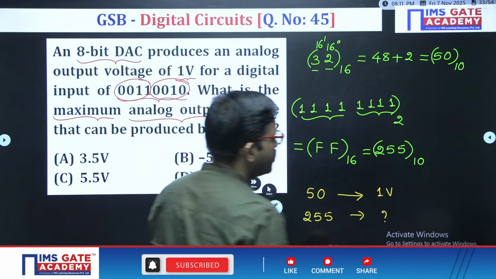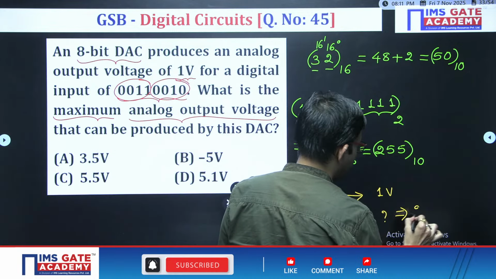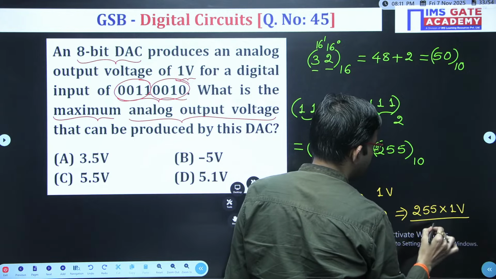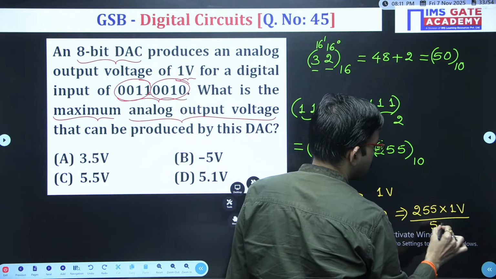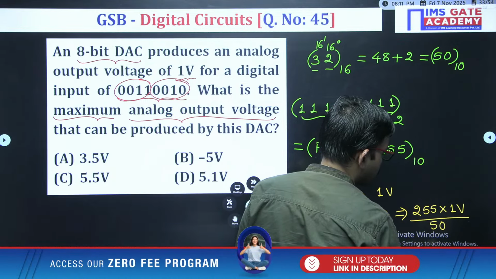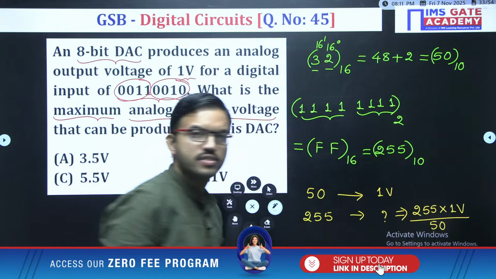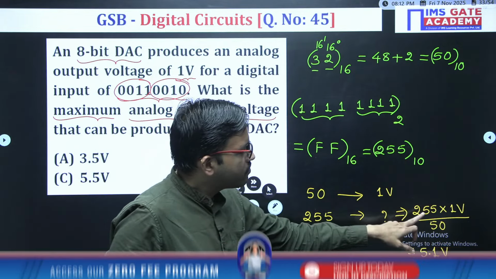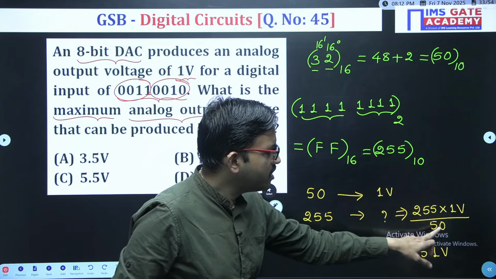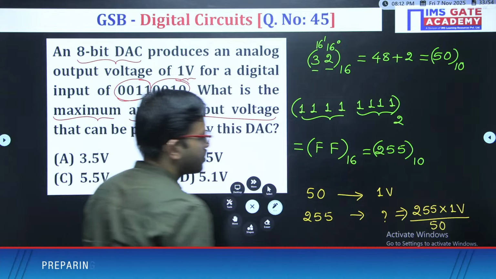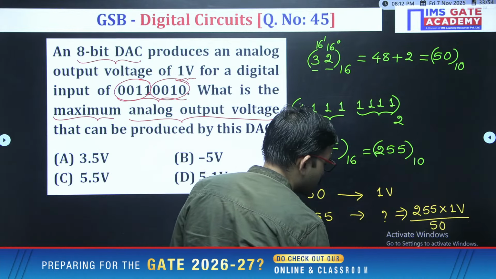Okay, so if you do, then what are you getting? 255 into 1 divided by 50. So just do the simplification. From there you are getting 5.1 volt. 5.1. Yes. See, simple logic. If 0 is not there, then 510 divided by 100, that means 5.1. That's all. Okay, that is there in option D. So option D is the correct answer for this question.